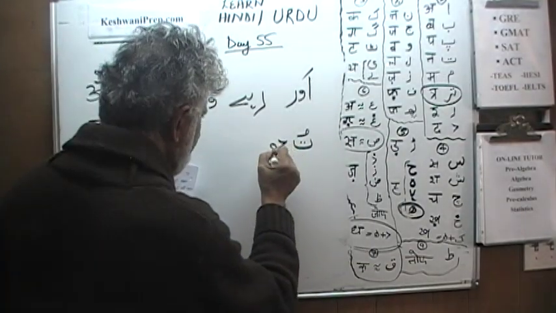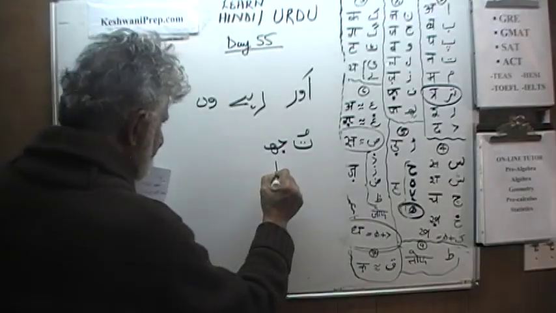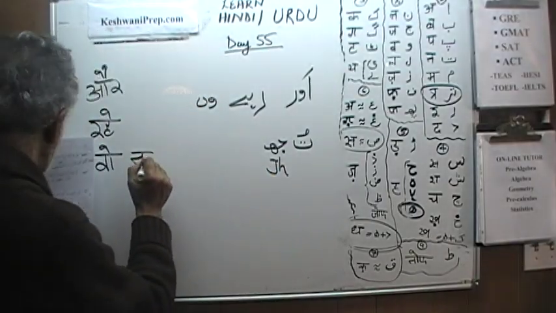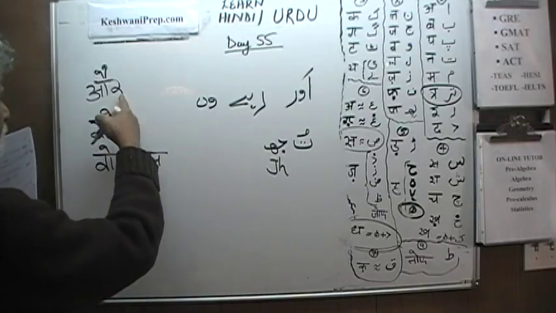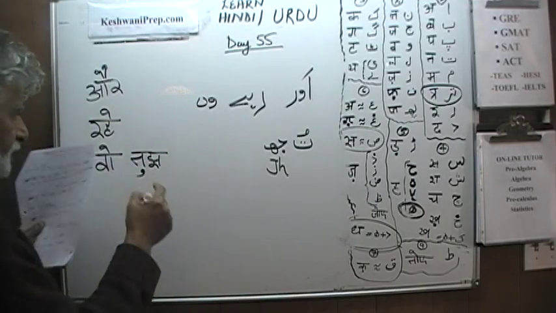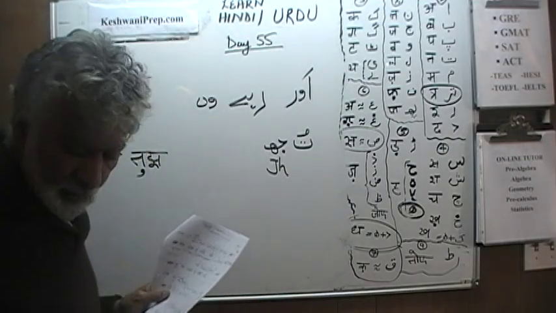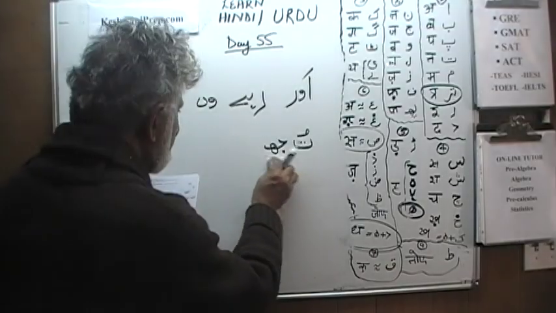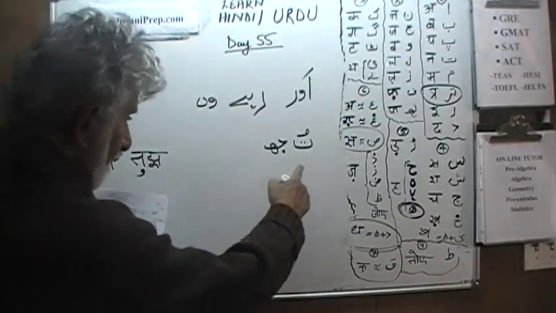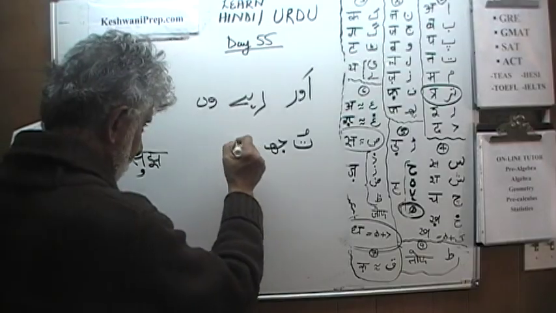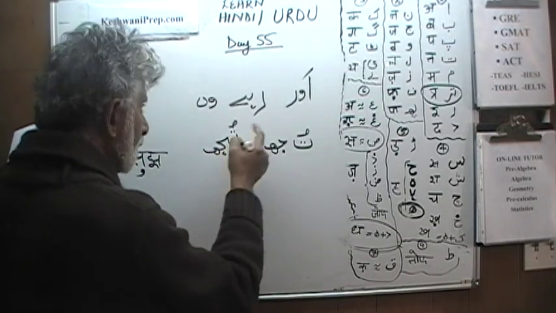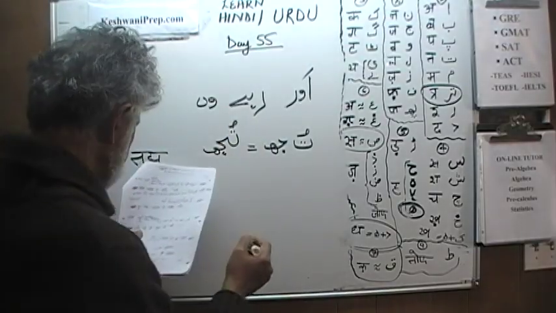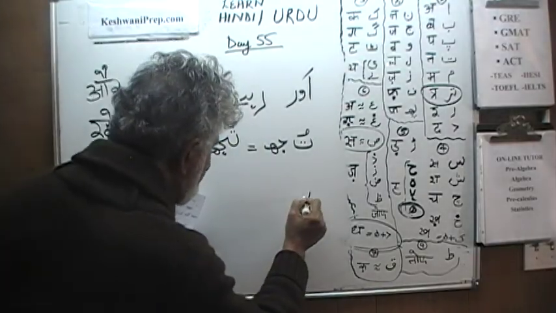Ja is a jim and a he. Ja. J and H. Which is this. Or rahe wo tuj. Let's put them together. When we put tu and ja together, it looks like this. Tu and then ja. Or rahe wo tuj se.